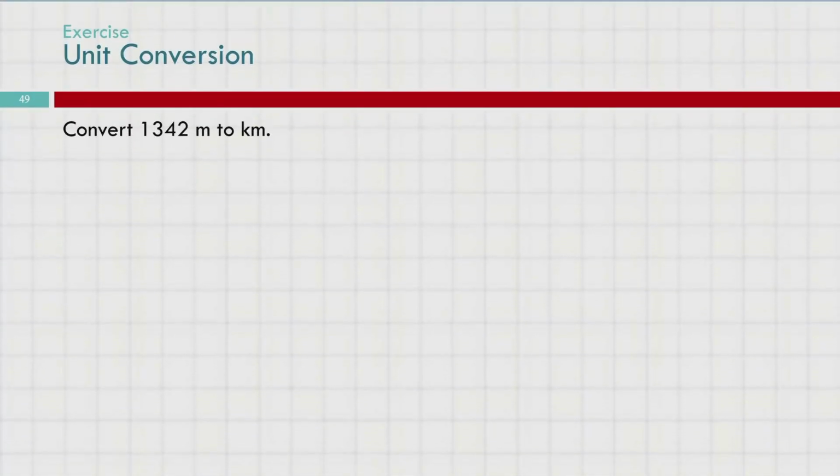All right, one for you to try. Convert 1,342 meters to kilometers. The kilo prefix is equal to 1,000.